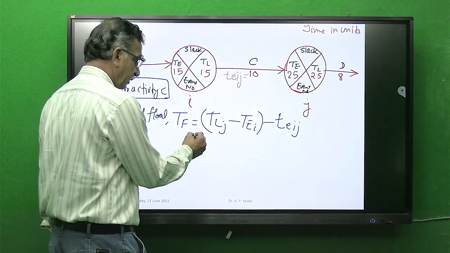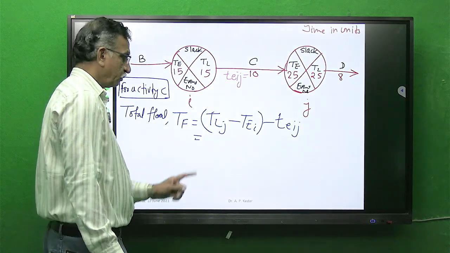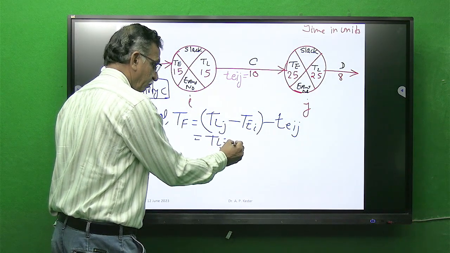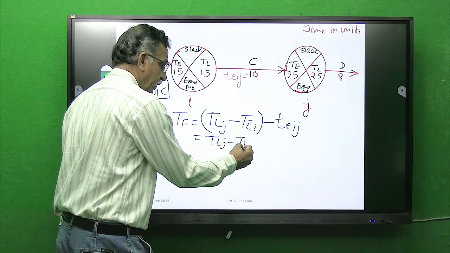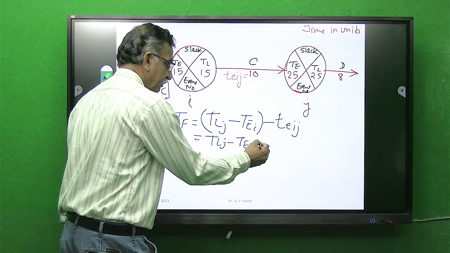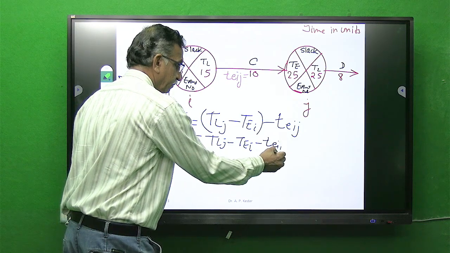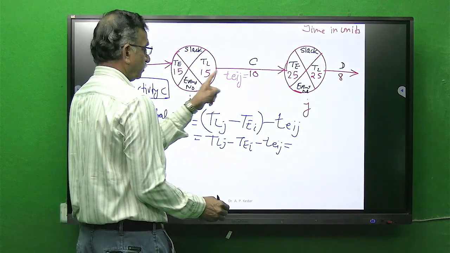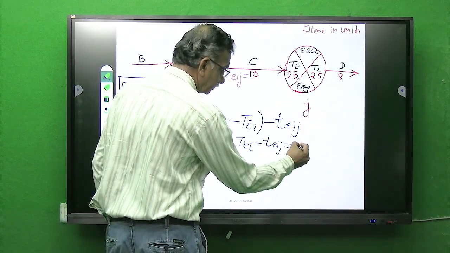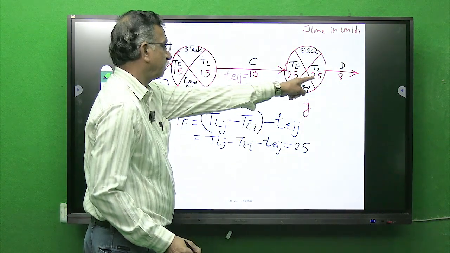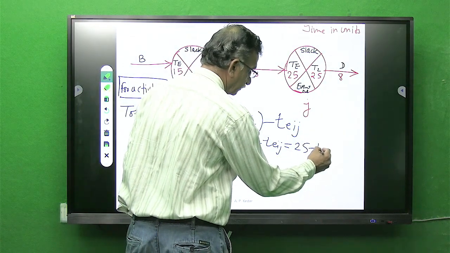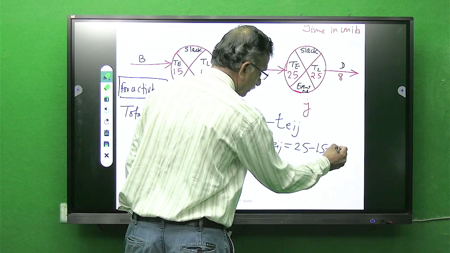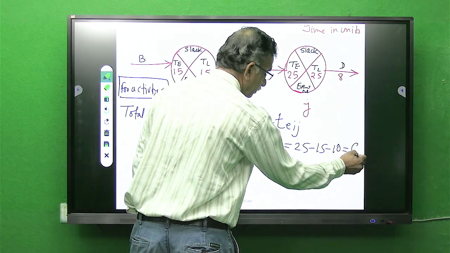So in simple terms, it is TLJ minus TEI minus TEIJ, which is equal to TLJ is 25, minus 15, minus 10, equal to 0.